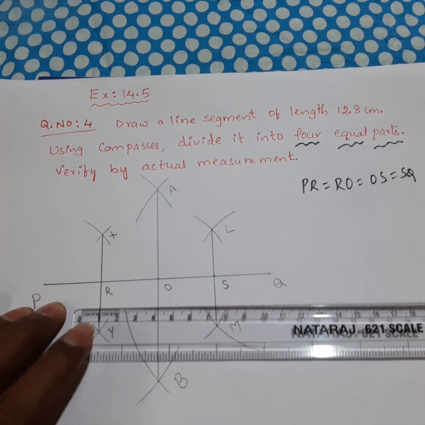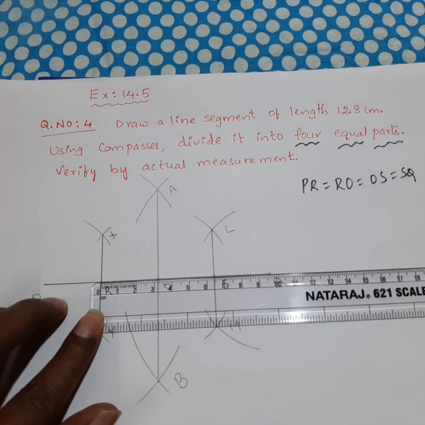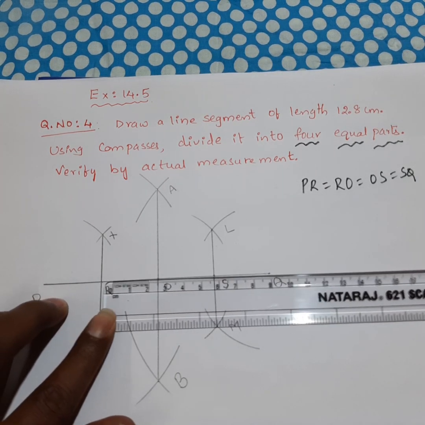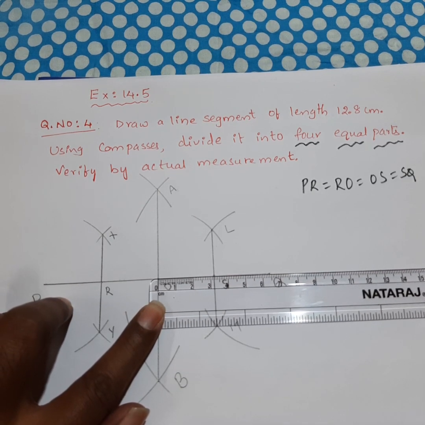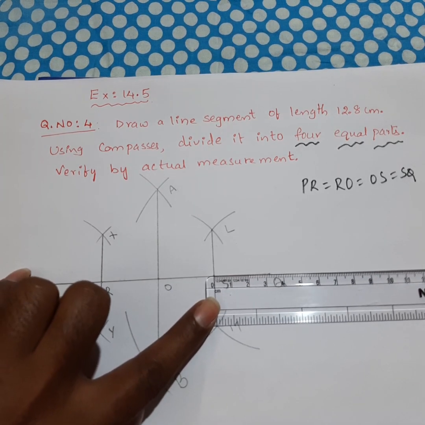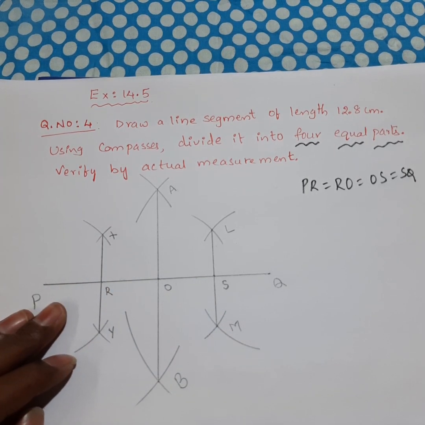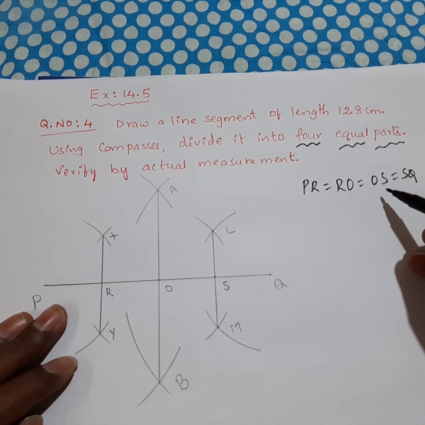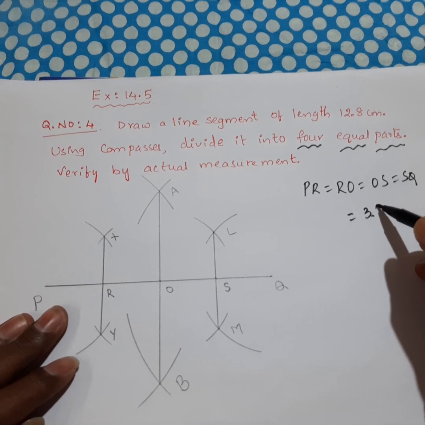Now RO is also 3.2 centimeters. OS is also exactly 3.2 centimeters. Next one is SQ. SQ is also exactly 3.2 centimeters. So PR is equal to RO is equal to OS is equal to SQ, which is equal to how much? 3.2 centimeters.